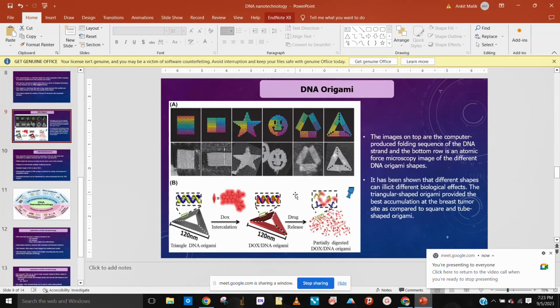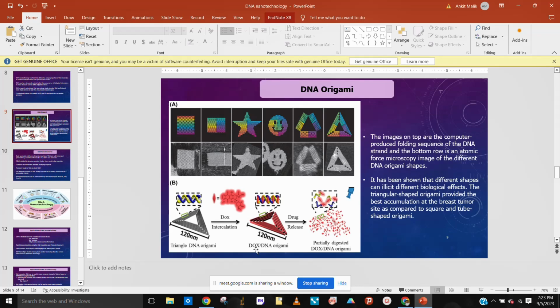So here, DNA origami is used to treat breast cancer. As you can see, firstly they prepared or developed this triangle DNA by using software. Then they conjugated this DNA origami with the drug DOX, called doxorubicin. Doxorubicin is an anti-cancer drug.